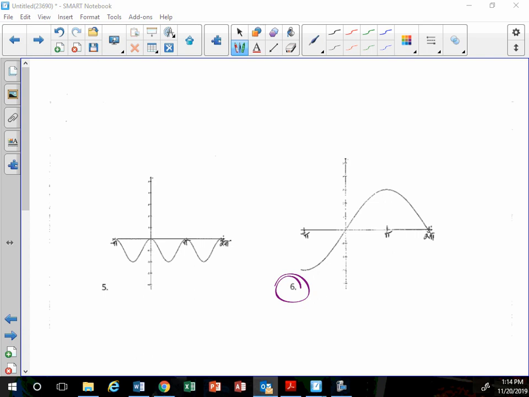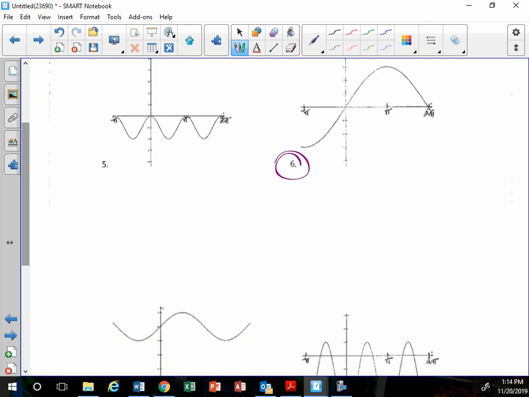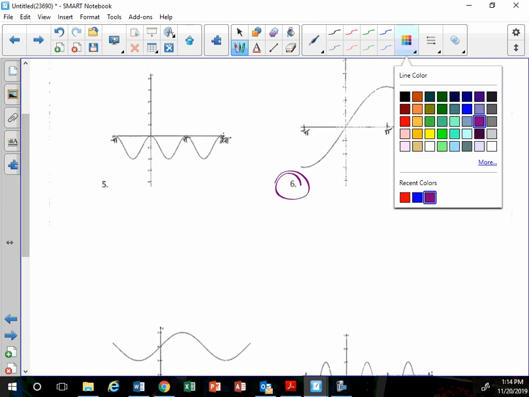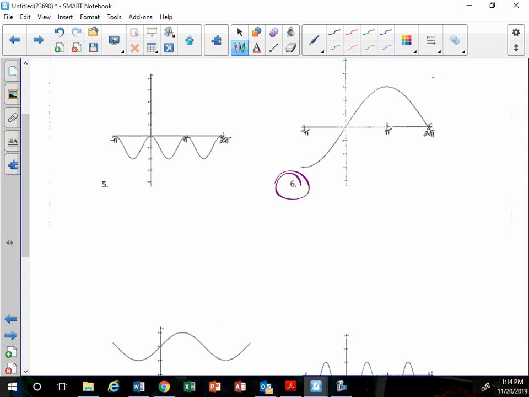Yes. Okay. So what does that make B equal? 1/2, right? Okay. So if I'm doing this as a sine, stretched by 3, right? There's my sine equation, okay?